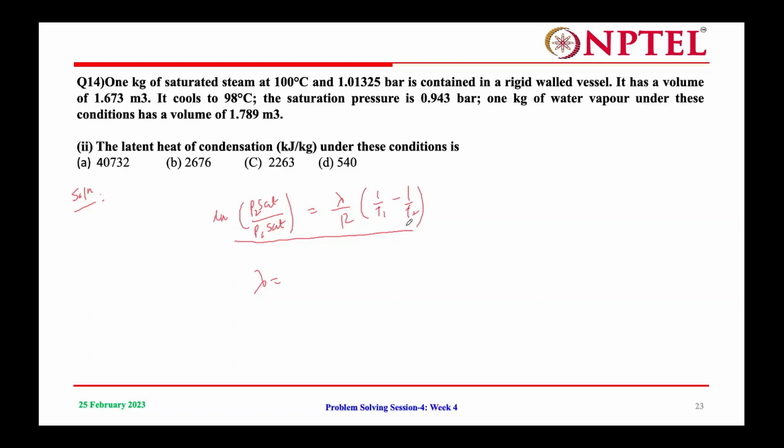So it is approximately 540. 540 kilojoule per kg. Yes. No, I think this is wrong.